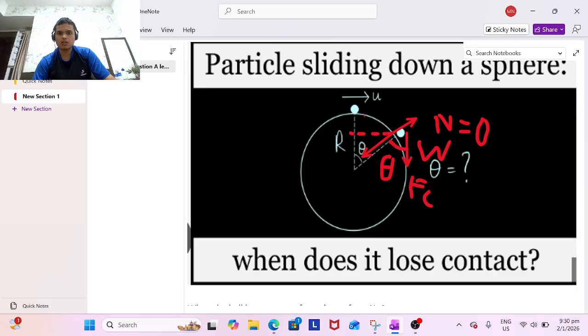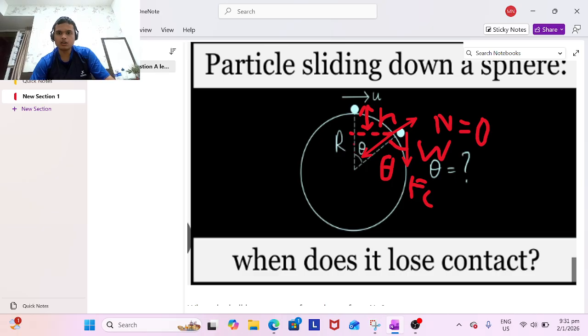So if we have a height like this called h, sorry, yeah, so this is h. So cosine theta, because cosine theta is basically this over a hypotenuse.